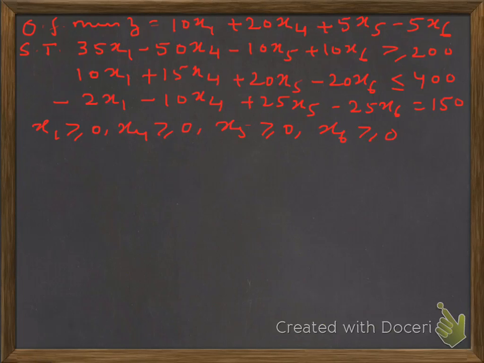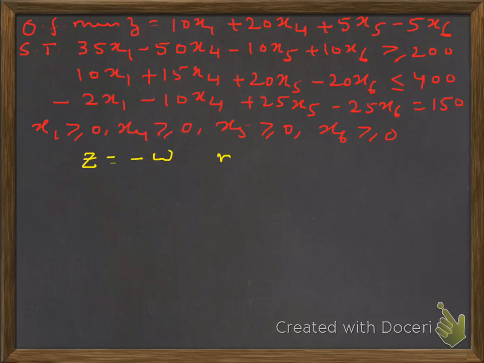As you know, here you are trying to minimize z. So let us substitute z equal to say minus w.